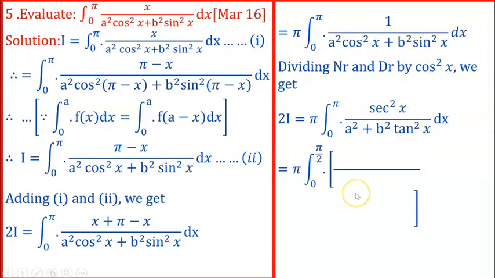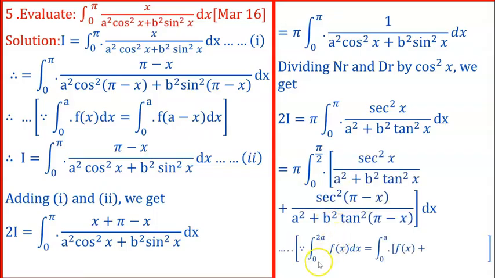Now here we will use the property integral 0 to 2a f of x dx is equal to integral 0 to a of f of x plus f of 2a minus x. With the help of this property, you will get pi times the integral from 0 to pi by 2. In the first bracket the function is as it is, and in the second, x is replaced by pi minus x.